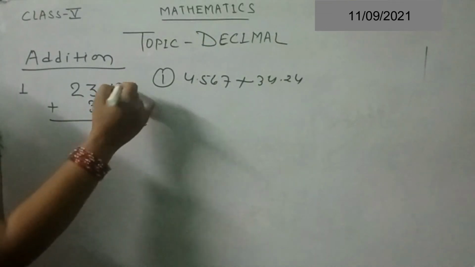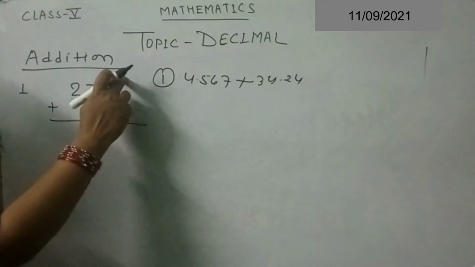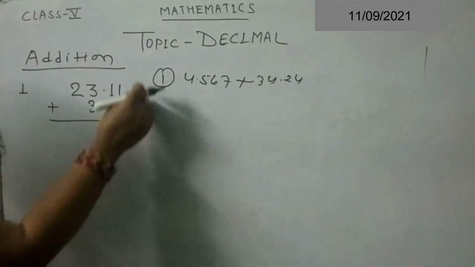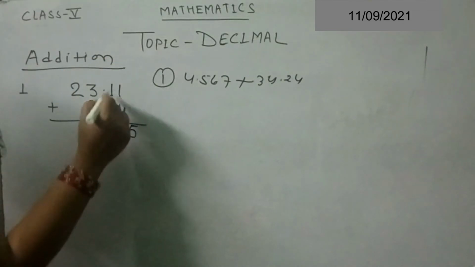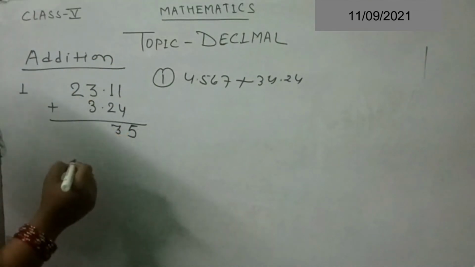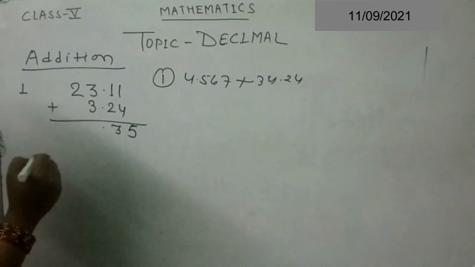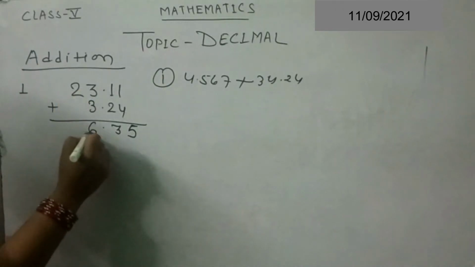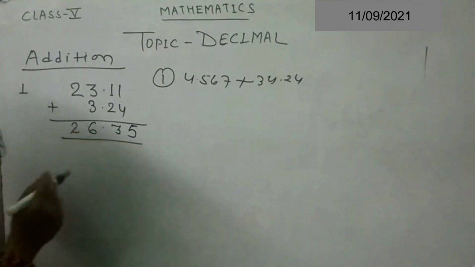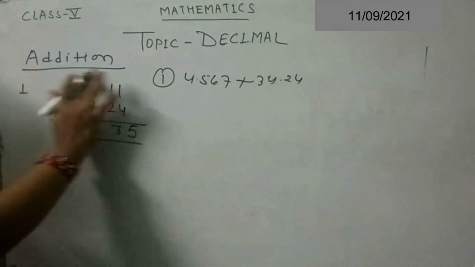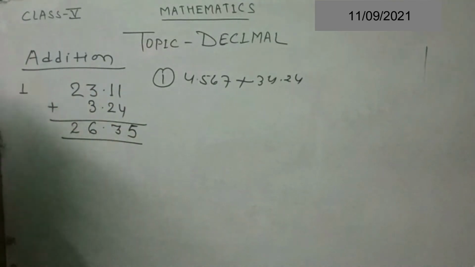Here this one is a 10, this one is a 100. You have to start from this side. Simple addition you have to do. Point as it is, you have to write the point. Now this one is already arranged, then easily you can add this number.